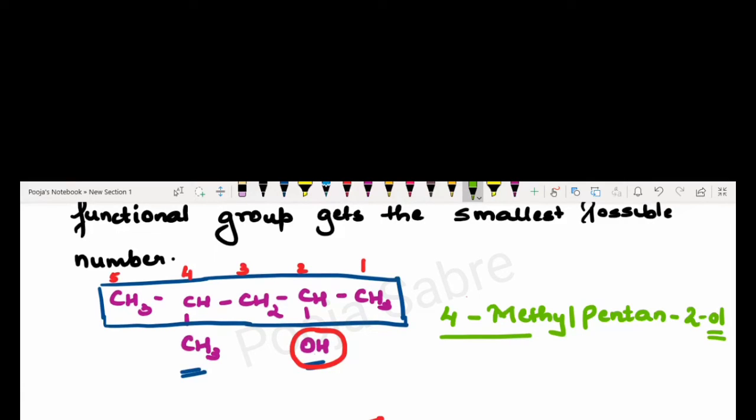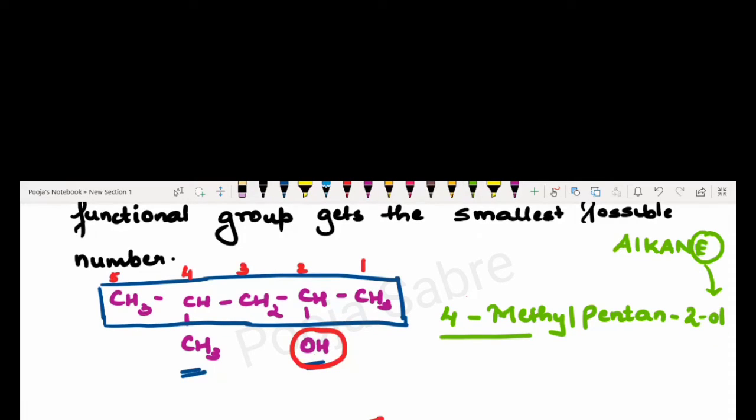So I'm going to simply replace the e from alkane. We are going to replace e with ol. Okay. And the position of this ol, the position of OH, you are going to write before the suffix, that is pentan-2-ol. Clear?